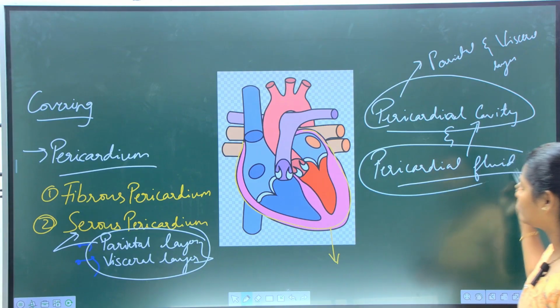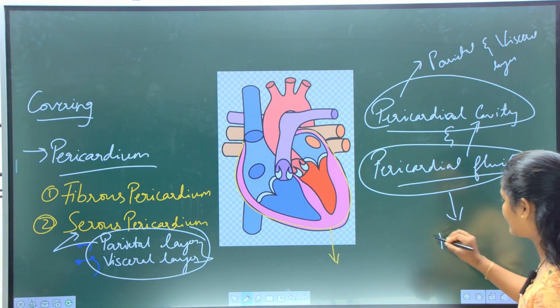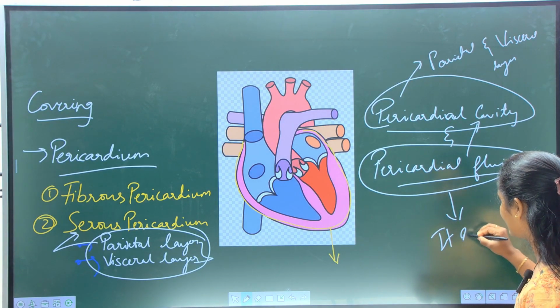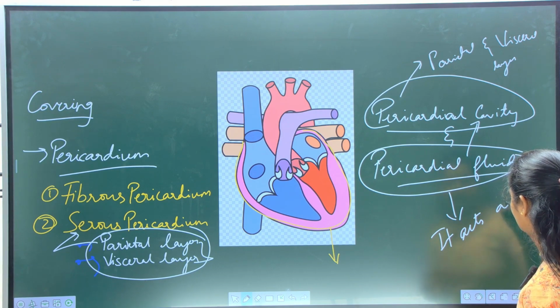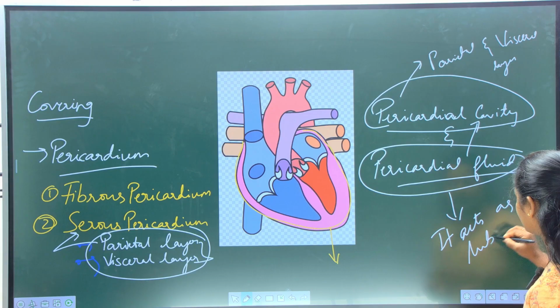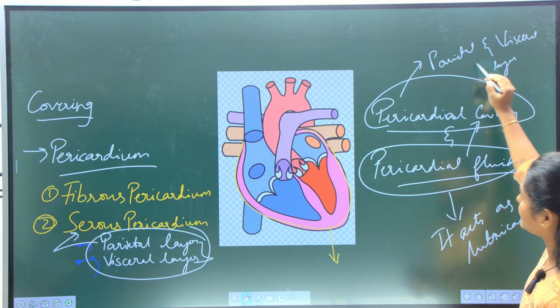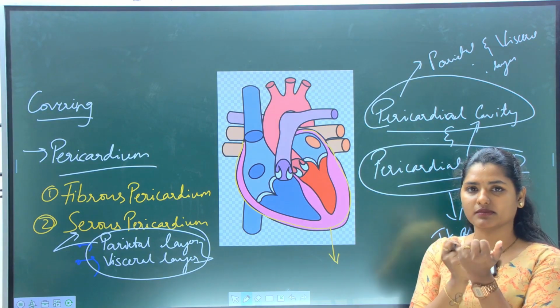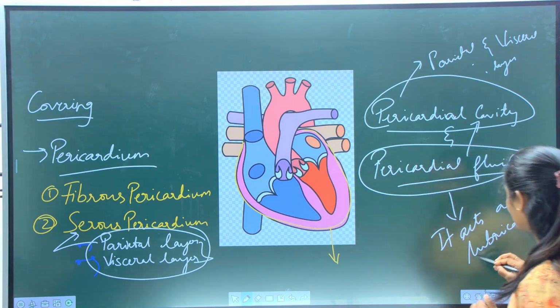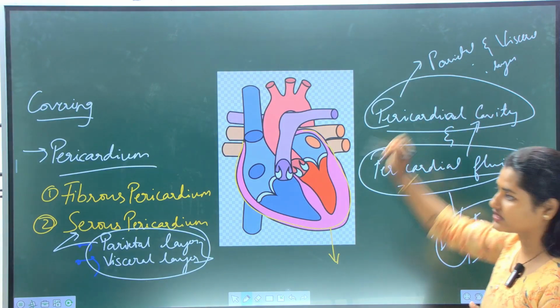The pericardial fluid acts as a lubricant between these two layers, and it protects them from rubbing, so there is no rupture of these two layers.